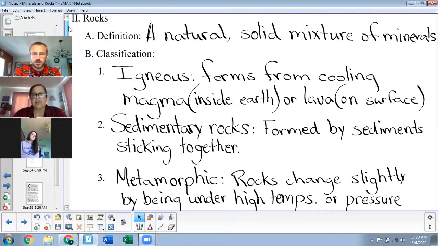If it's moving slow, it's going to take the smaller ones with it, like clay, which are microscopic particles of rock. If it gets a little bit faster, it'll move the sand, which is a little bit bigger particles. If it gets super fast, like a tsunami or a sudden flash flood, you might move bigger chunks like boulders or things like that.